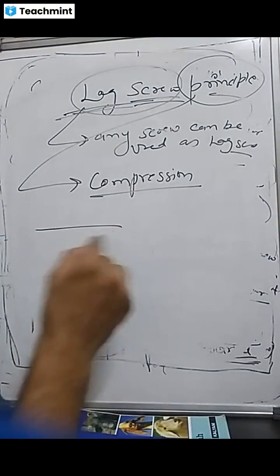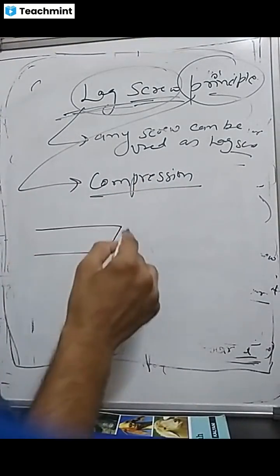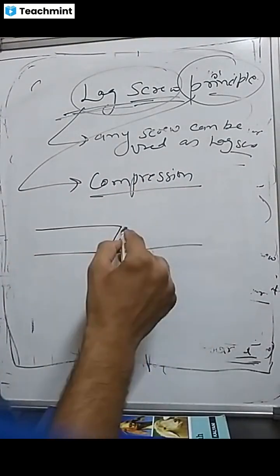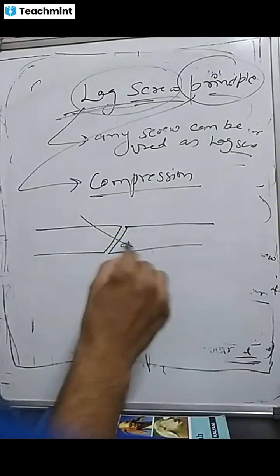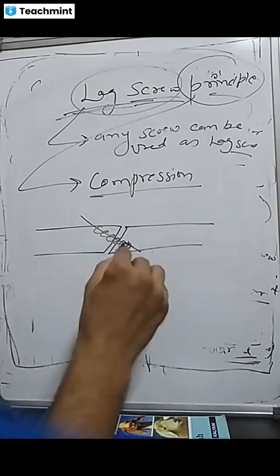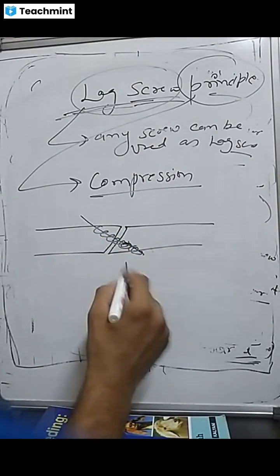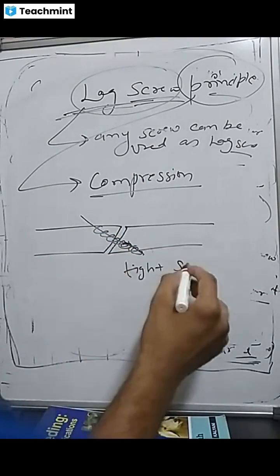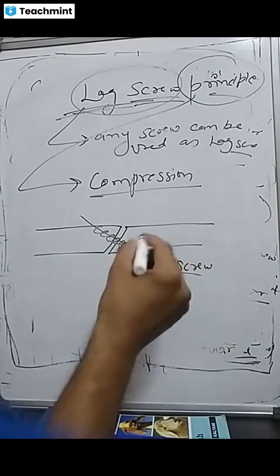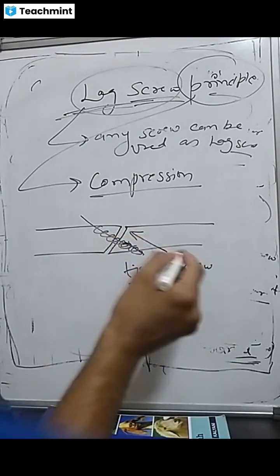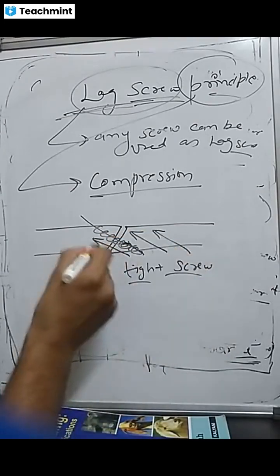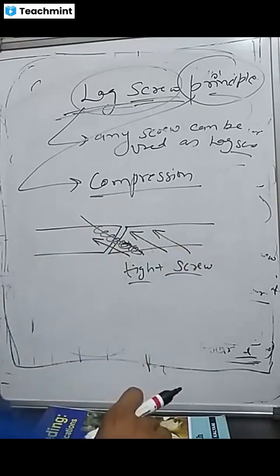What is the meaning of compression? Suppose there is one oblique fracture and you are applying one screw. You tighten the screw and it will compress the fracture.